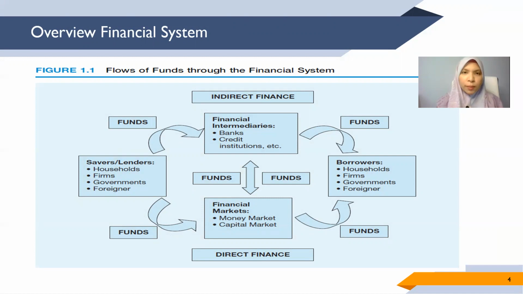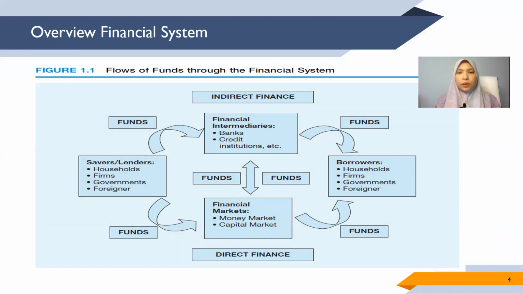They have extra money in their hand, for example household, firm, government, and also foreign institutions. They all have surplus funds. On the other side, we have the borrowers, the ones who have a deficit of funds. They lack money, therefore they need funding.